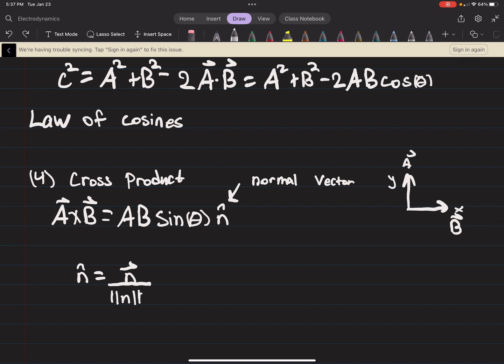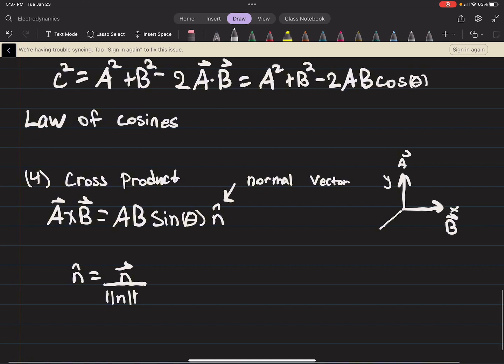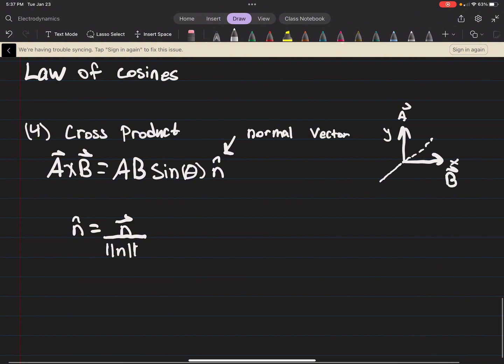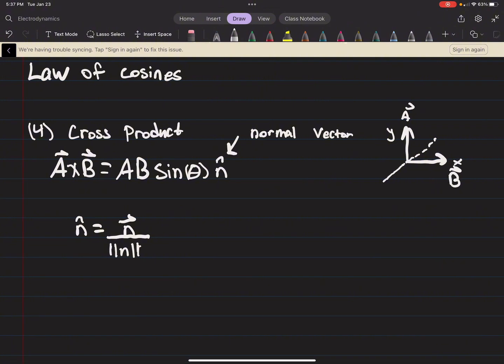N is normal or perpendicular to both vector A and vector B. So that means the only option, two options, is either the normal is going to come out of the board, like it's going towards you, or it's going to go into it, like it's going into your computer or whatever it is you're watching this on. Okay? So A cross B, the cross product of any two vectors, produces another vector that's mutually orthogonal or mutually perpendicular to both A and B.